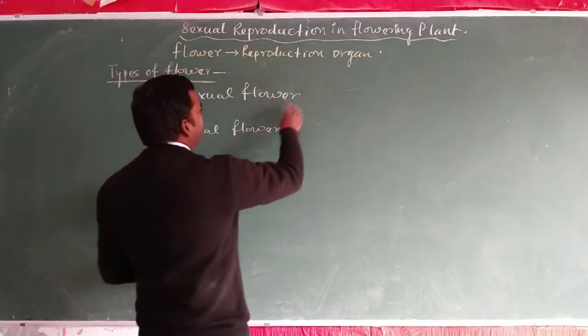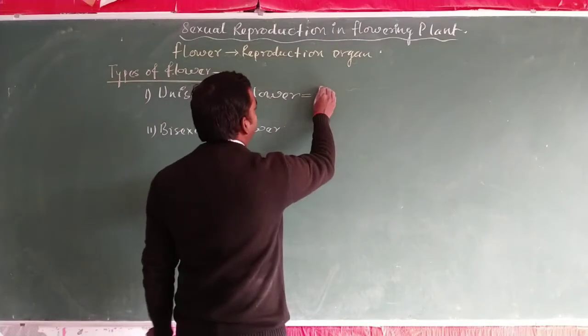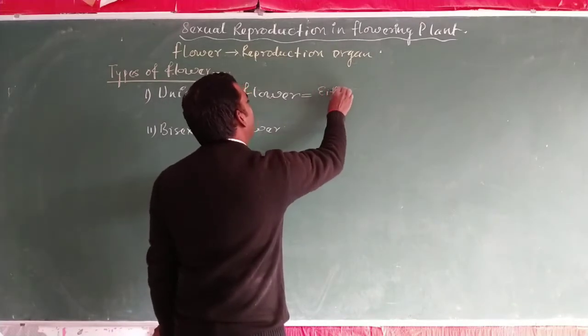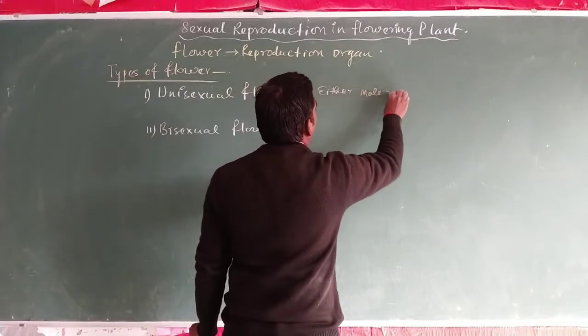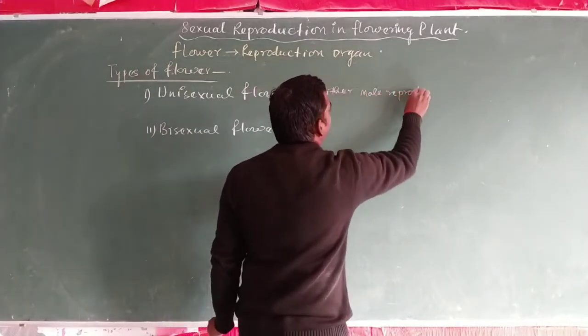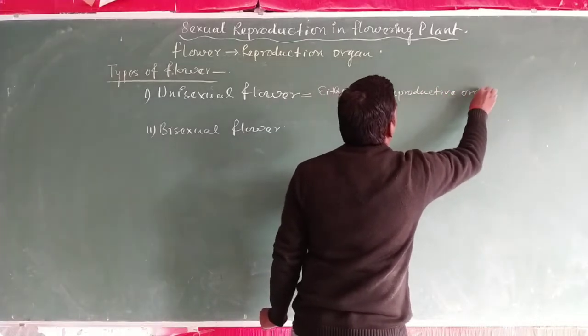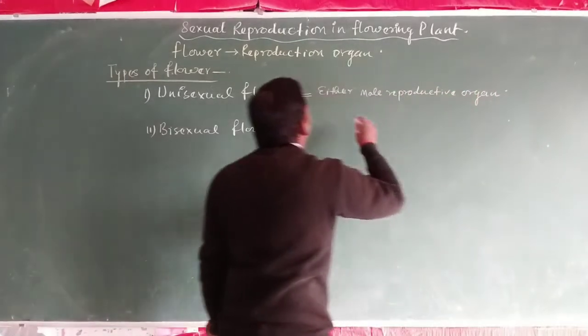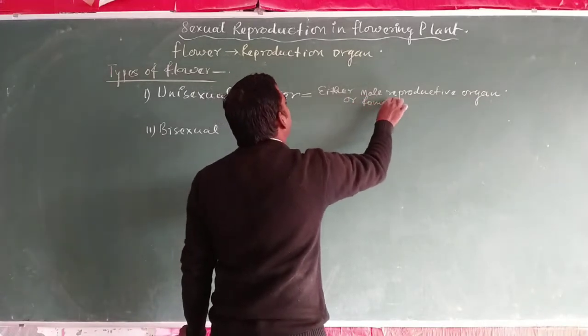In the case of unisexual flower, they contain either male reproductive organ or female reproductive organ.